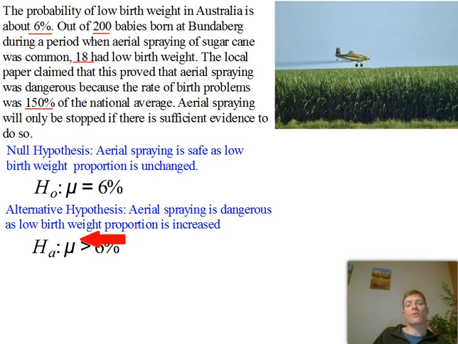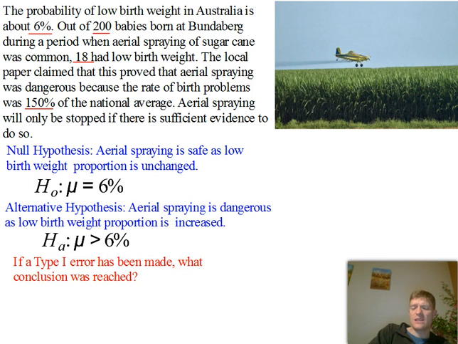So you've got a higher proportion of low birth weights occurring in the population, which is not a good thing. If that's due to aerial spraying, then it's considered dangerous, and they're likely to stop that agricultural practice.